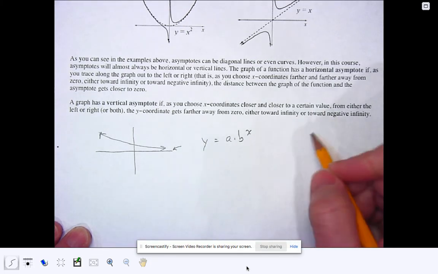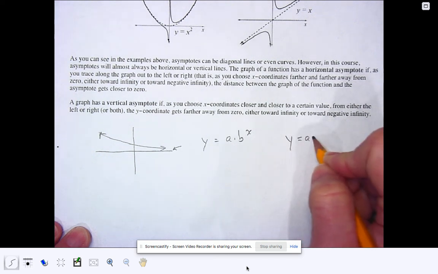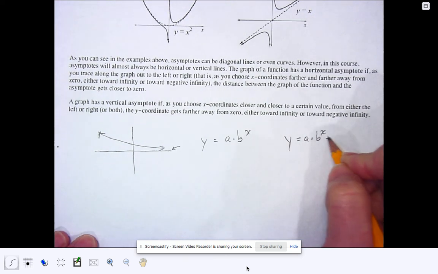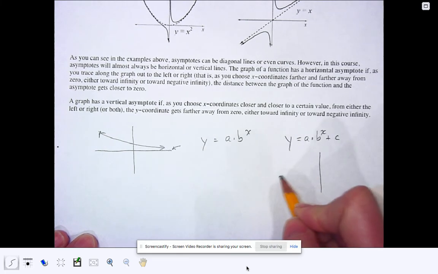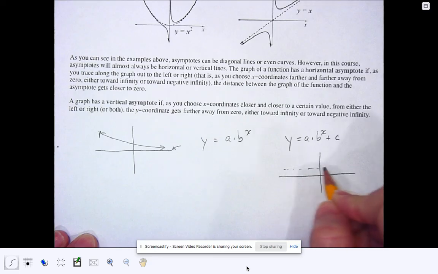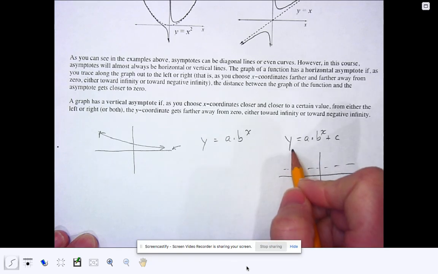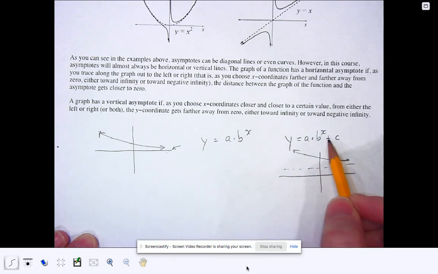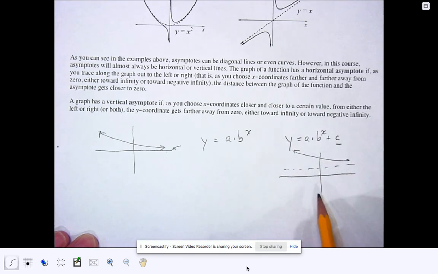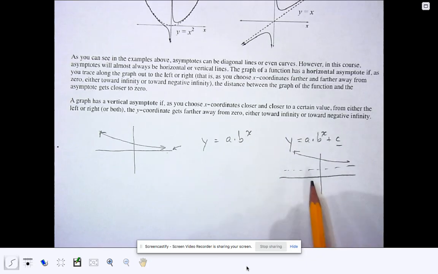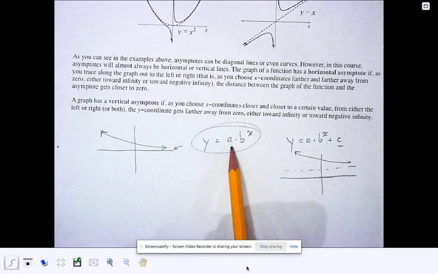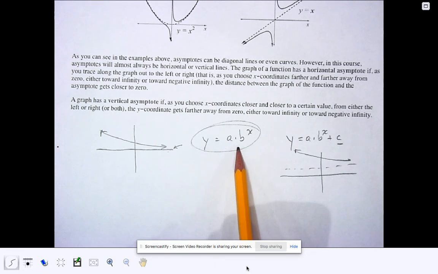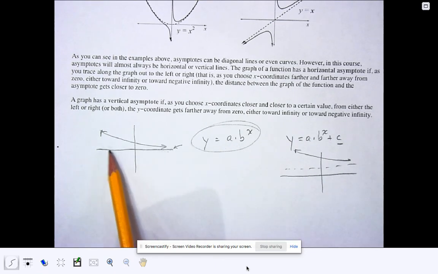Now, if we would have taken y equals a times b to the x and added some c value, like added 3 or something, then the asymptote would be whatever that c value is that we added. So it's possible that the asymptote is not the x-axis, but that's just because we added something at the end, which we really did not play around with in this unit. We just focused on this. With the exponentials that we explored, the asymptote is the x-axis.